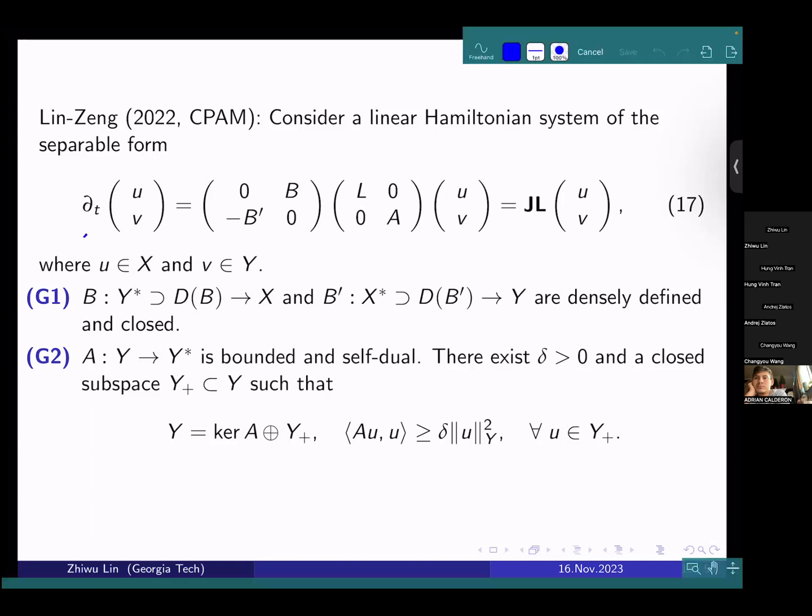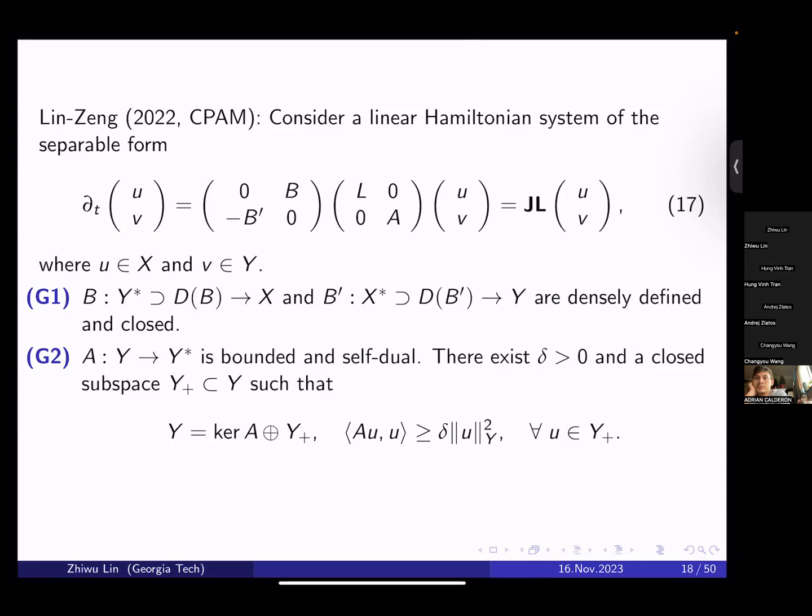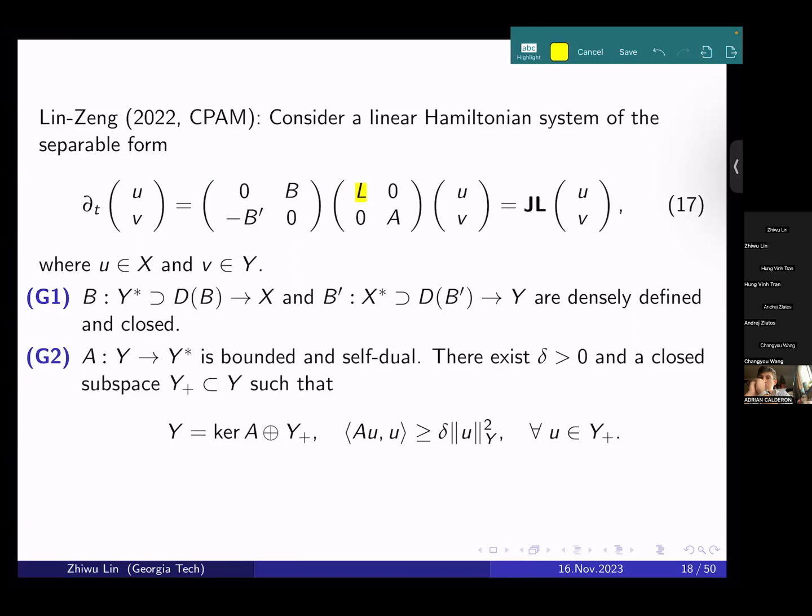If you have a separable Hamiltonian system like this, we make a few assumptions. Here the operator B in the anti-symmetrical part, the symplectic part, is quite an arbitrary densely defined closed operator. It could be a bounded or unbounded operator, and B could have an infinite dimensional kernel. For the symmetrical part, it's diagonal. For the first block L, it satisfies a condition.